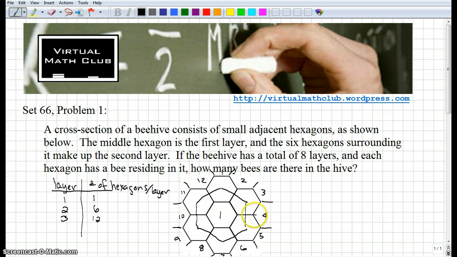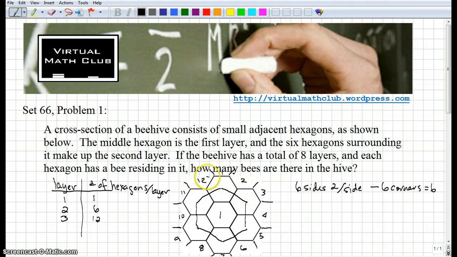So we have 6 sides, 2 hexagons per side, which would be 12 hexagons, but we know that to do it that way, we're double counting. If we take 2 times 6, we double count the corners, so we have to subtract the number of corners. So we have 6 corners, which gives us the 6 hexagons in the second layer.